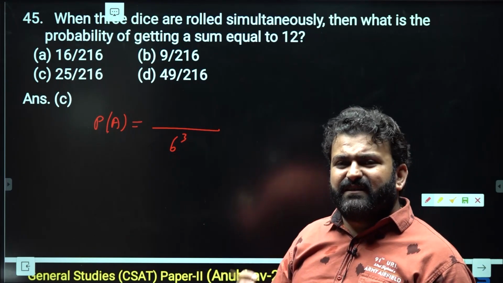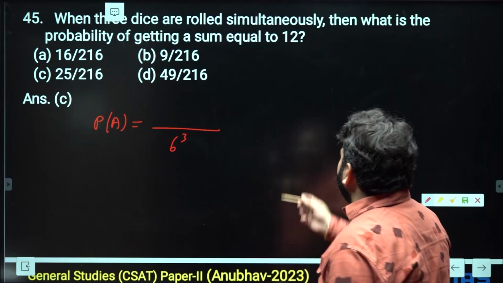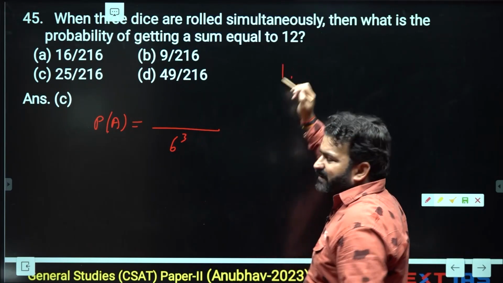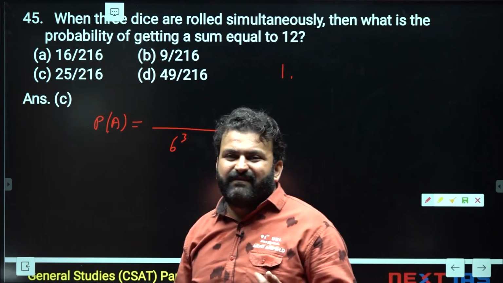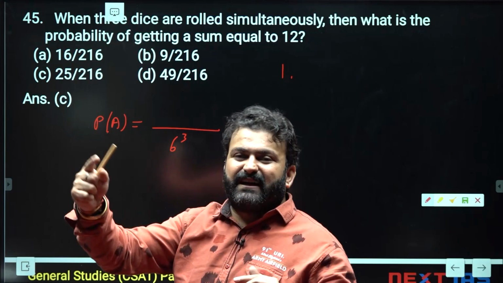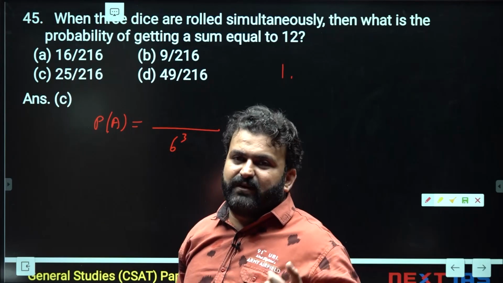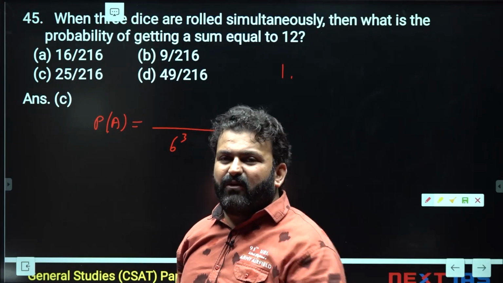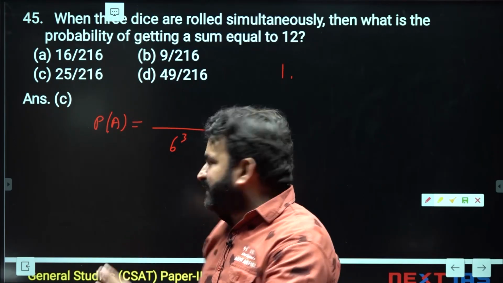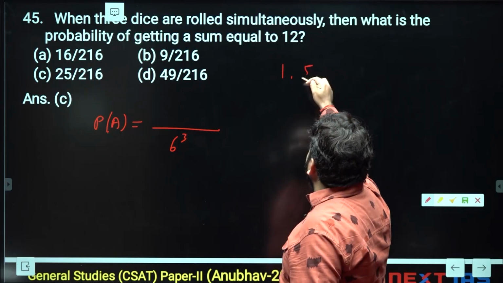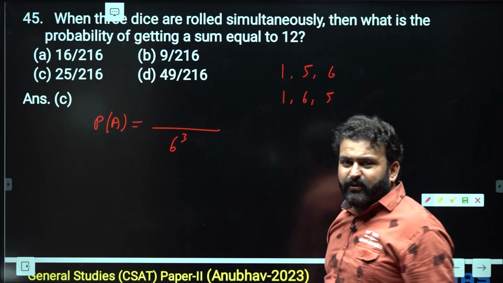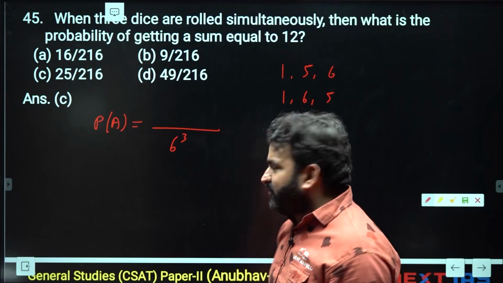अब देखो इसमें ना सबसे इजी क्या है कि जस्ट टेक 3 डाइसेस है ना, फर्स्ट सेकंड थर्ड, सो स्टार्टिंग जैसे अगर फर्स्ट पे 1 है, सेकंड पे भी 1, थर्ड पे भी 1, 1 + 1 + 1 = 3। मैक्सिमम थर्ड का लेते हैं 6, तब देन ऑल्सो 1 + 1 + 6 = 8, सो व्हाट कैन बी द सम, सो 1 + 5, सेकंड पे 5, थर्ड पे 6, so first one being 1: 1 5 6 or 1 6 5, these are the two possibilities only where sum can be 12.